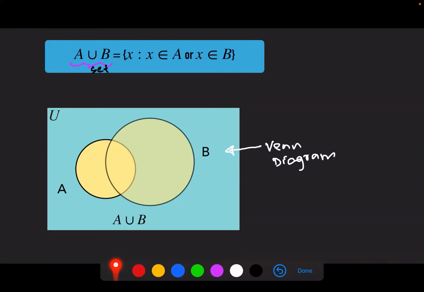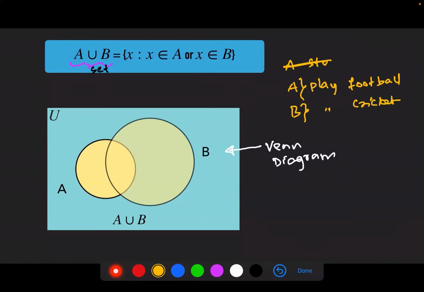Let's say set A represents the list of students who play football. And then B can be the list of students who play cricket.